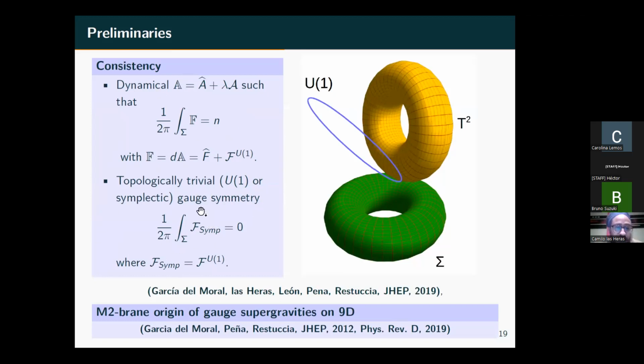Another way to check the consistency of this fiber bundle is by the fact that the symplectic curvature has the same expression as the topologically trivial curvature. This description allows us to reproduce the 11-dimensional origin of gauged supergravities in 9 dimensions, okay, which was not known until to date.